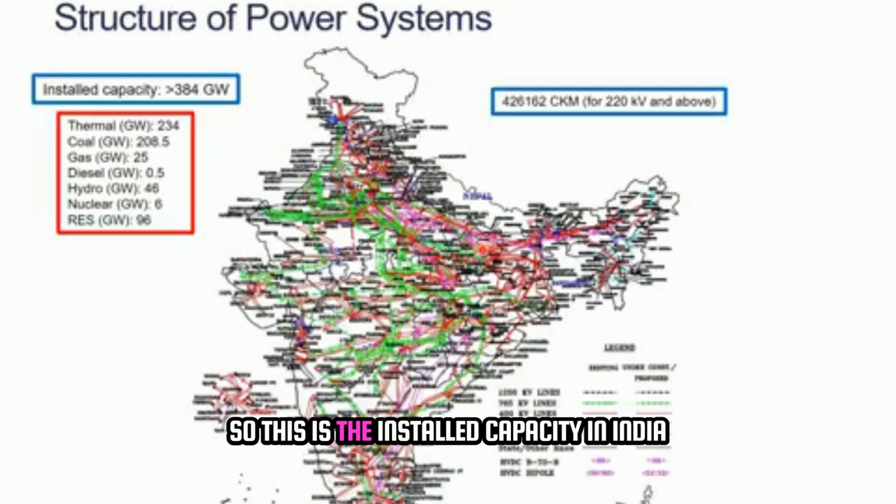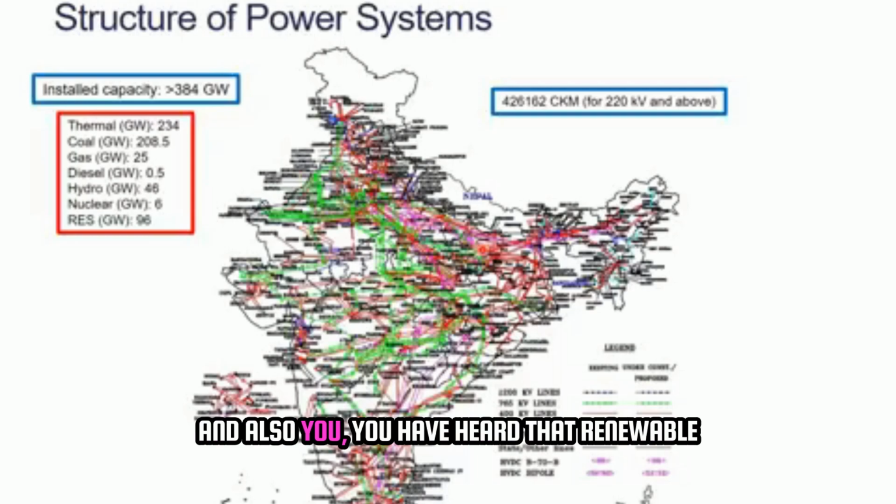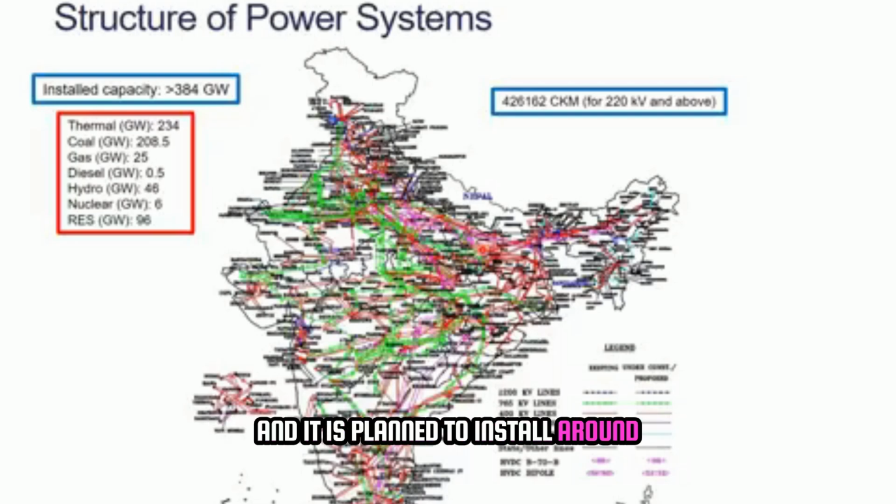So this is the installed capacity in India, and you have also heard that India is coming up in a big way with renewables, and it is planned to install more than 200 gigawatts of renewables, and you can see how the size is going to increase.